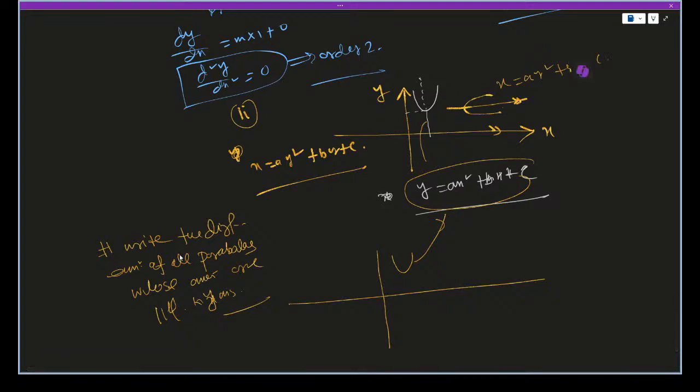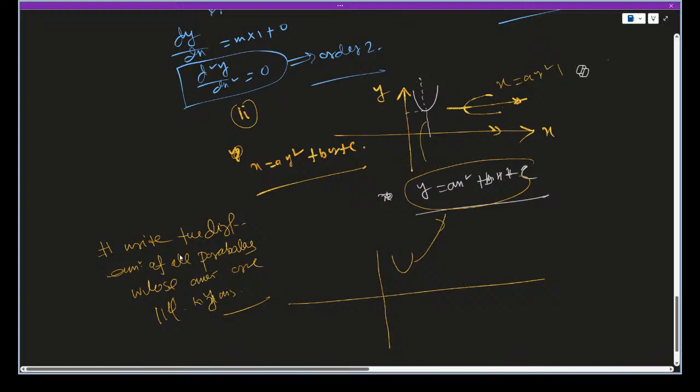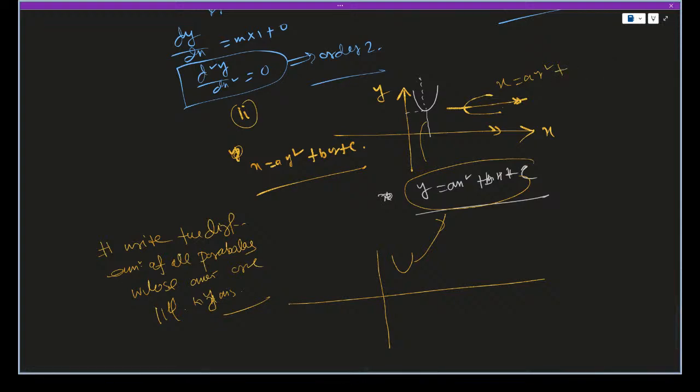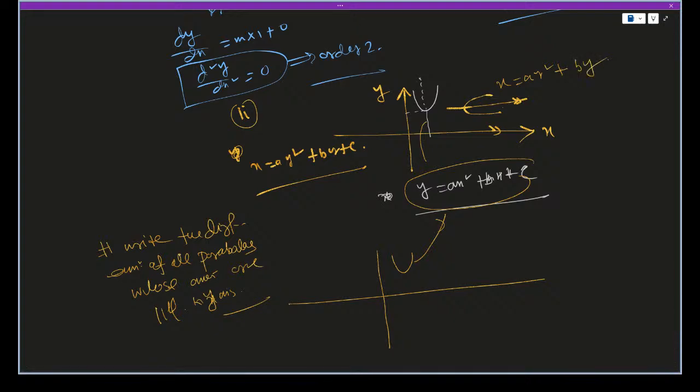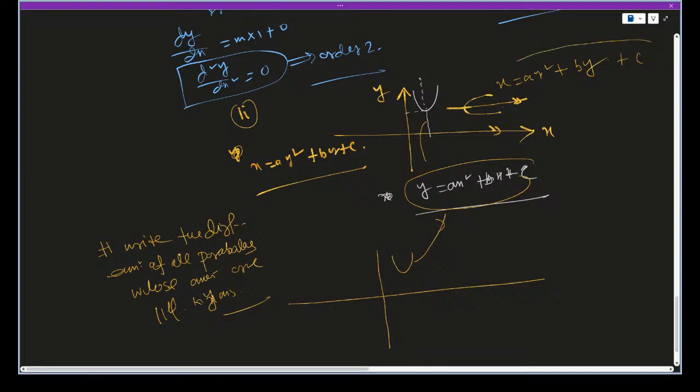We need not prove it, but the application is important. So this is one case, axis parallel to the x-axis. This is another case, axis parallel to the y-axis, and you get y equal to ax square plus bx plus c.